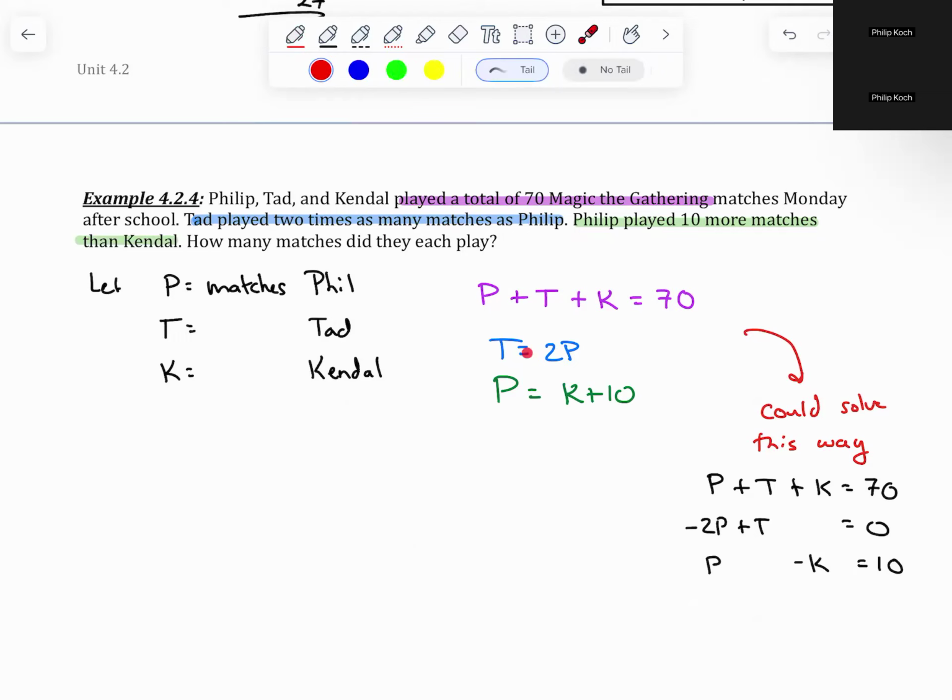from here, I know that T can be written in terms of P. And because these are equal, I can write K in terms of P as well. This means that K is equal to P minus 10.